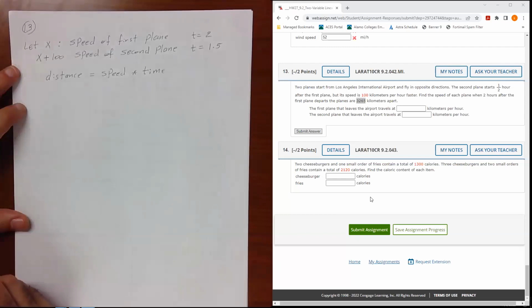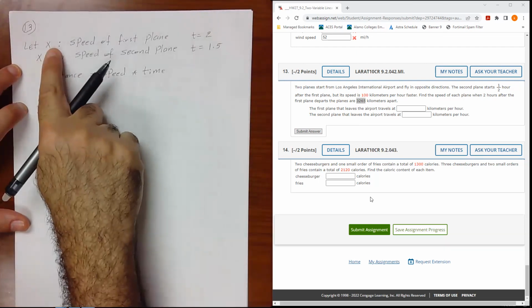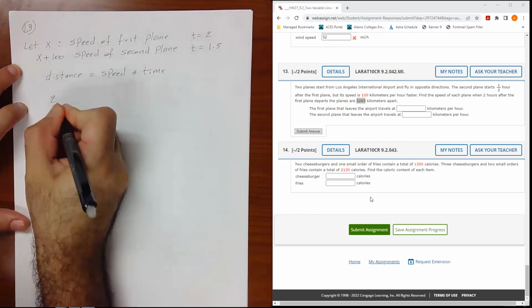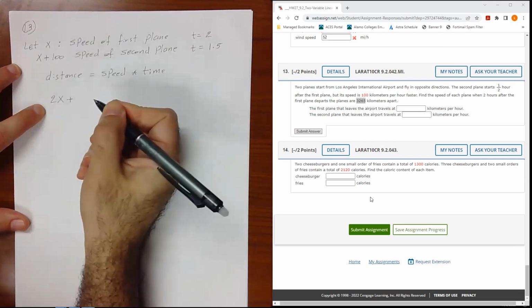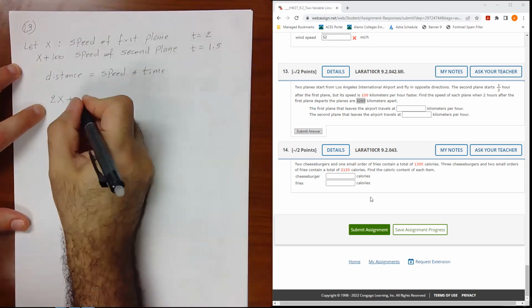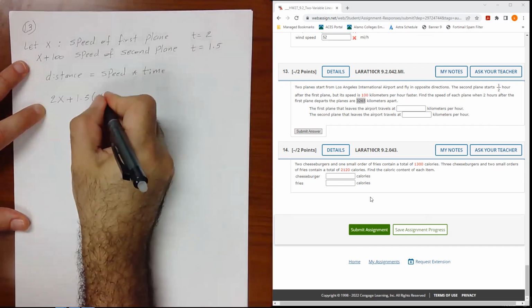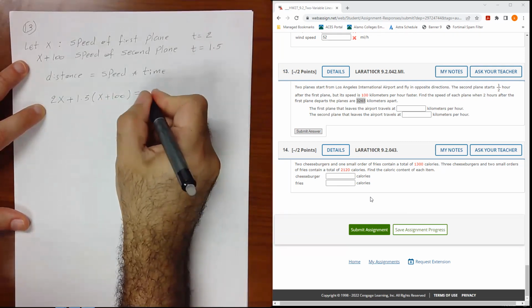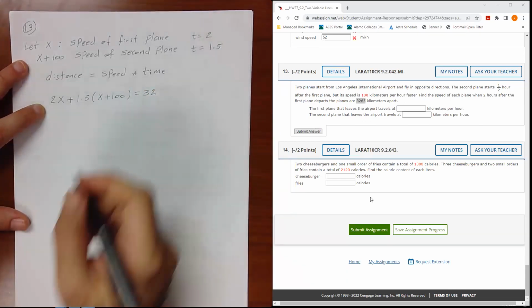The distance for the first plane, the speed x times the time 2 hours, plus the time 1.5 times the speed of the second plane, x plus 100, equals the distance, which is 3,265.